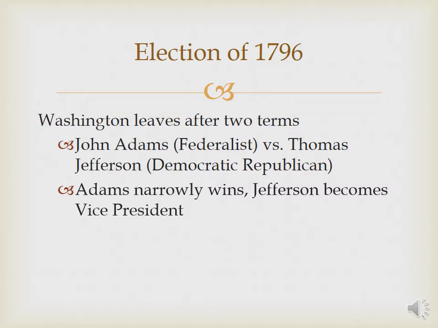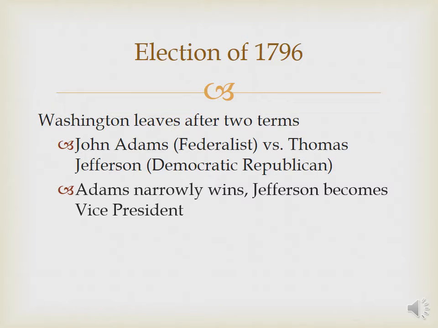The two running for president are John Adams, who will be represented by the Federalist Party. If you remember, Alexander Hamilton cannot run for president because he is not a natural-born American citizen. He was born in the Caribbean. And Thomas Jefferson would be running against John Adams, and he would be represented by the Democratic Republican Party.